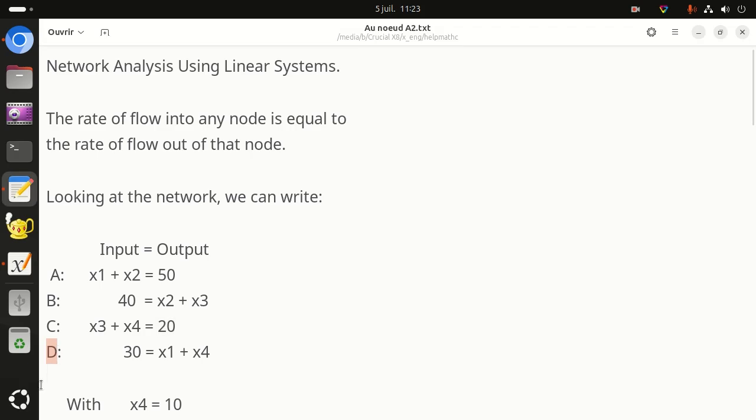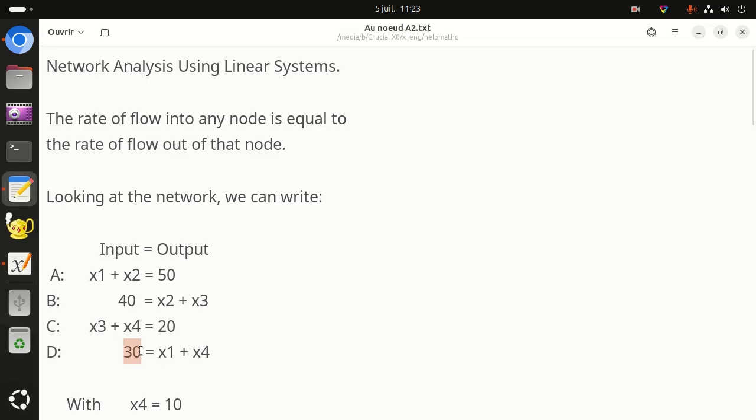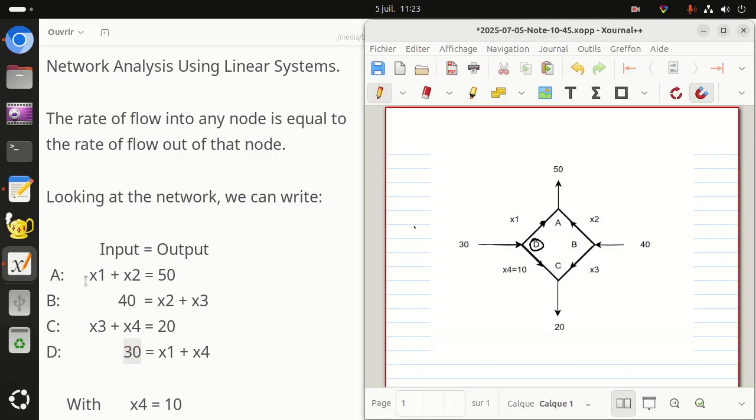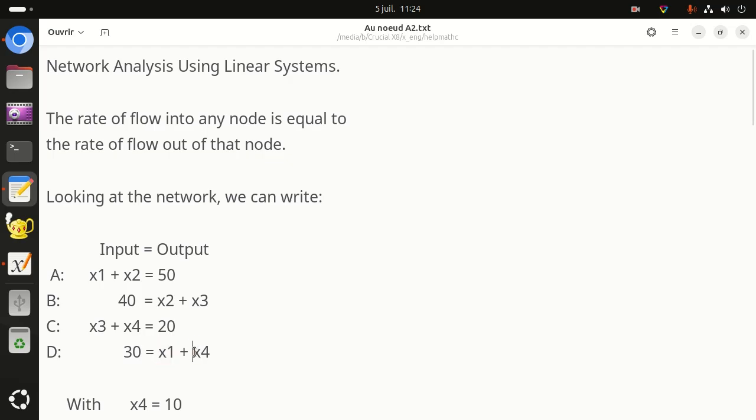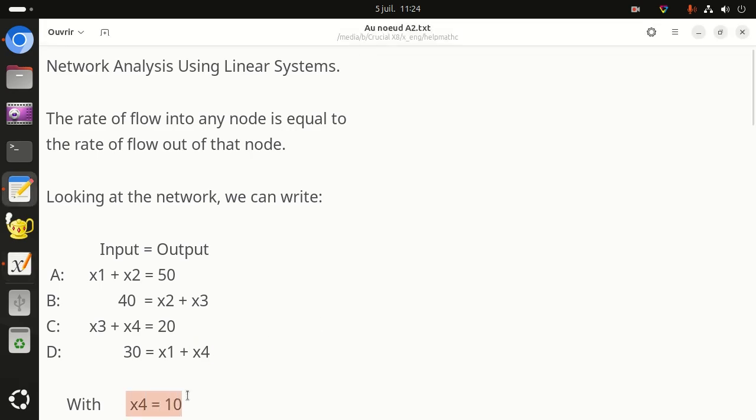For the node D, the input is 30, and the outputs are x1 and x4.